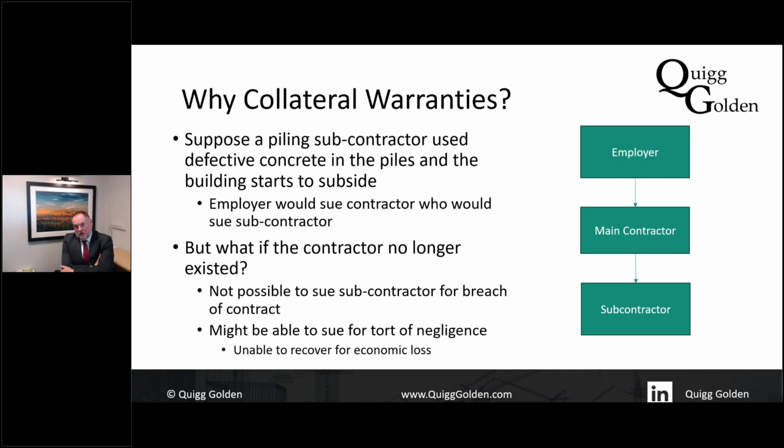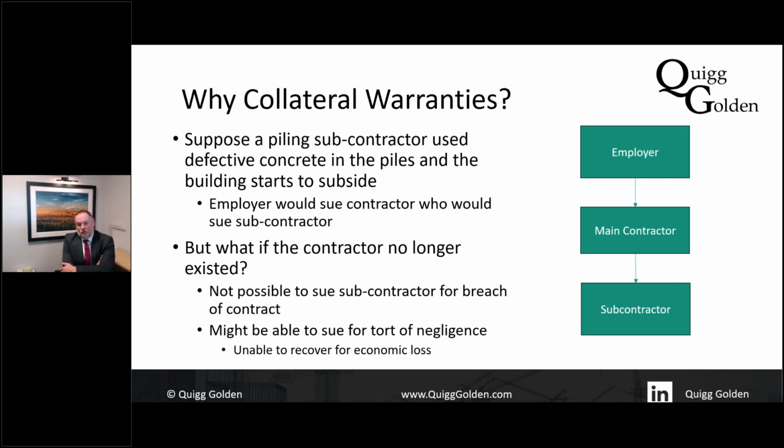They can't sue the main contractor for breach of contract because there is no main contractor. So they can't sue anybody for breach of contract. Now, they might be able to sue the subcontractor for negligence, the tort of negligence. But that is not an easy route for the employer to go down.